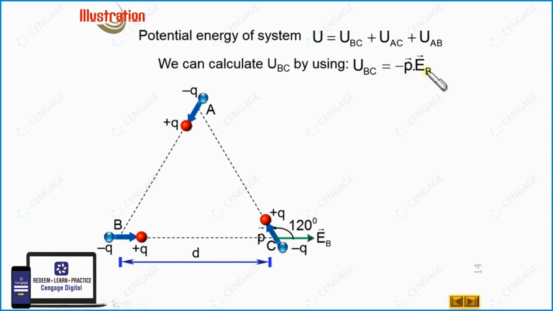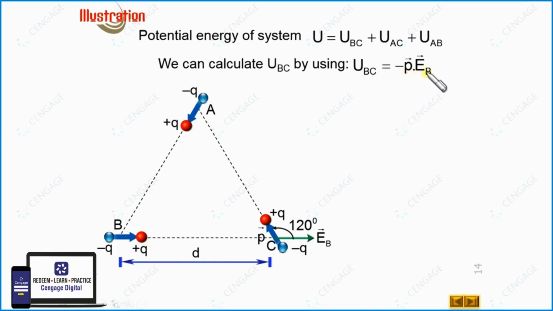Now we can write this dot product as P multiplied by the electric field because of this dipole, and we know the electric field EB is equal to 1/4π∈0 2p divided by d cube.